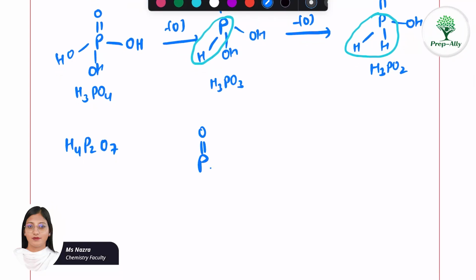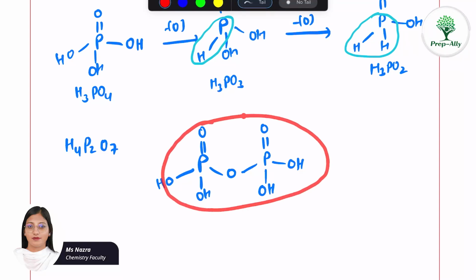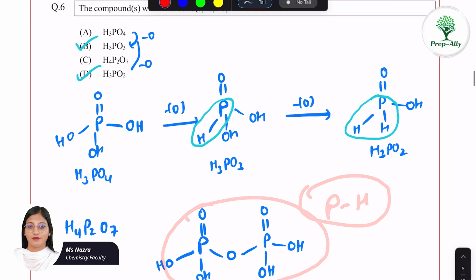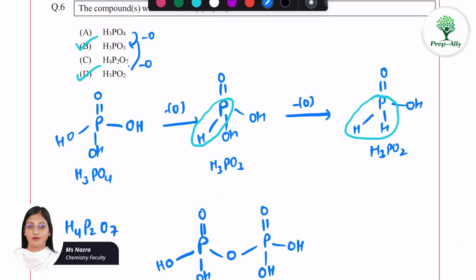It has an oxy linkage, P double bond O. Now 4 oxygens and 4 hydrogens remain. We distribute them uniformly, OH over here, one OH here, another here and the last over here. In this compound we don't have any phosphorus-hydrogen bond, so this will not be the answer. So the correct options are B and D.